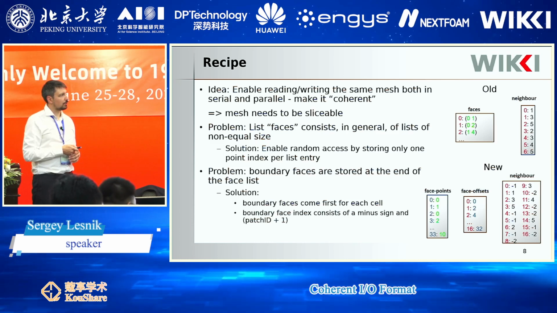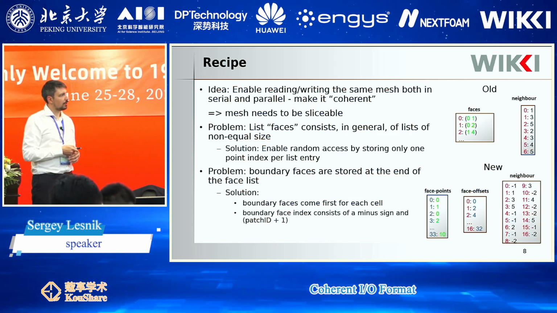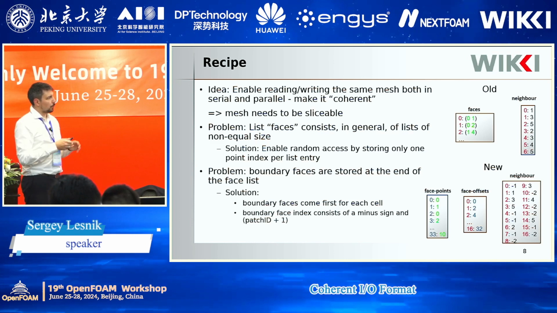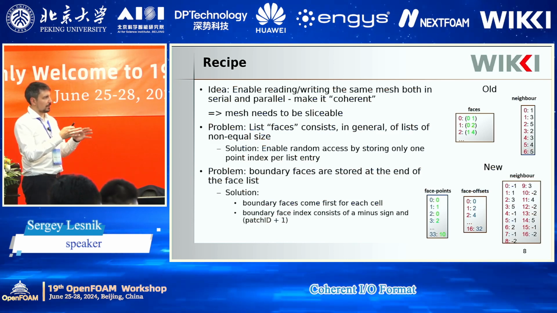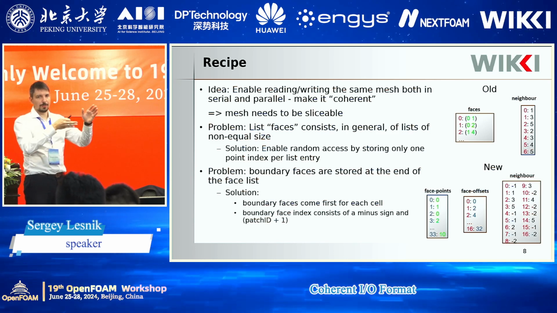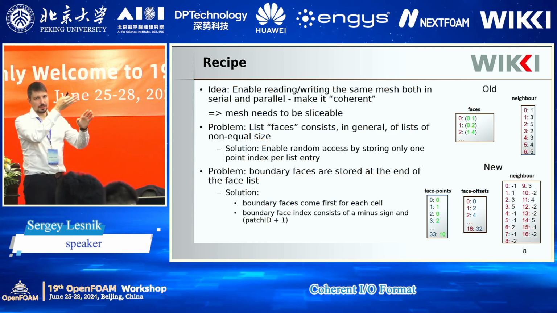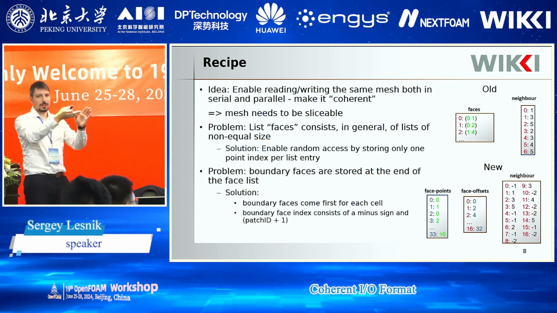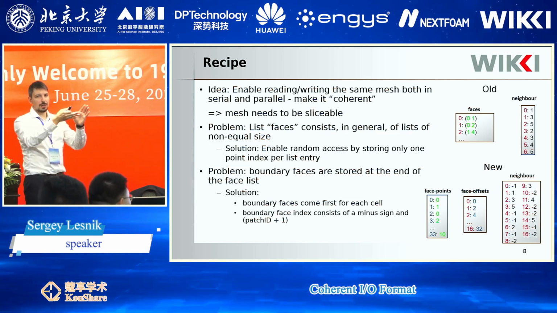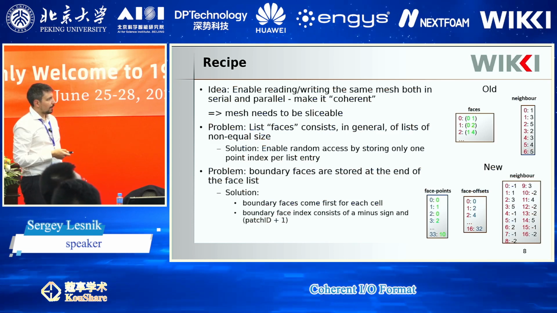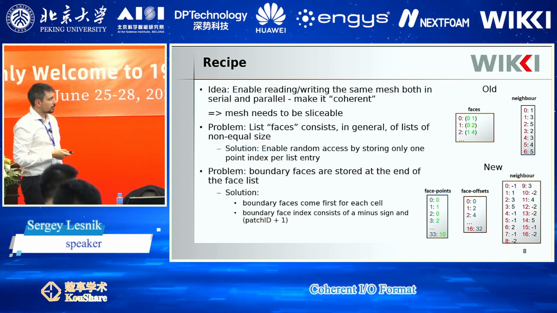So here 2, for example, here 3, 4, and so on. But we need to enable random access for the list. If we have a list of lists, we cannot jump randomly. We need then a second array which identifies how large our faces are, right?